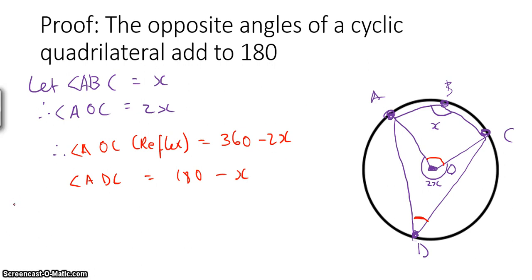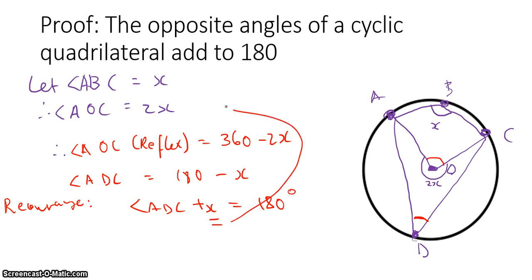After that, we can conclude by rearranging to get angle ADC plus X adds up to 180 degrees. Well, guess what? What did we label X as? We labeled X as this thing right here.